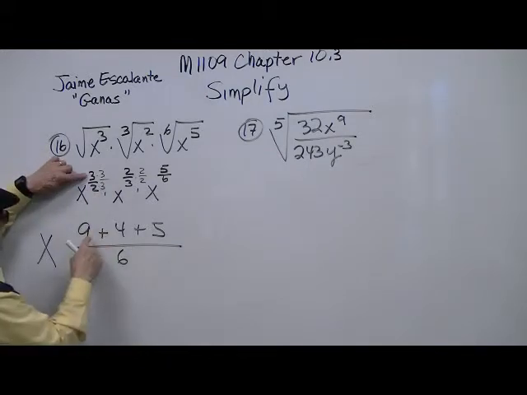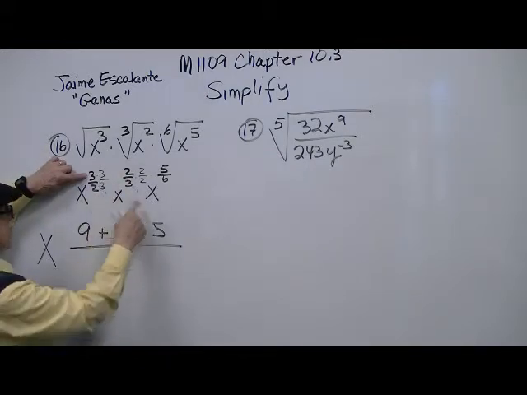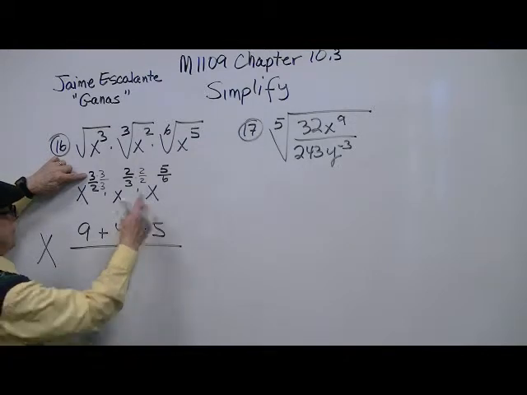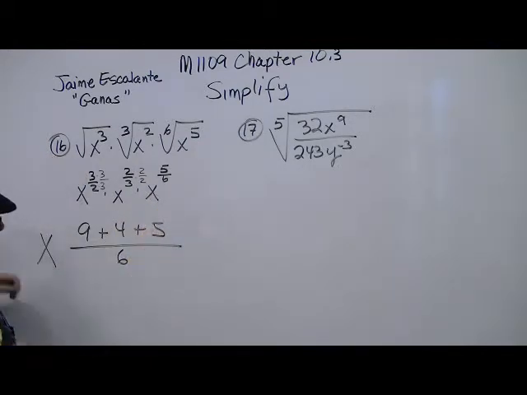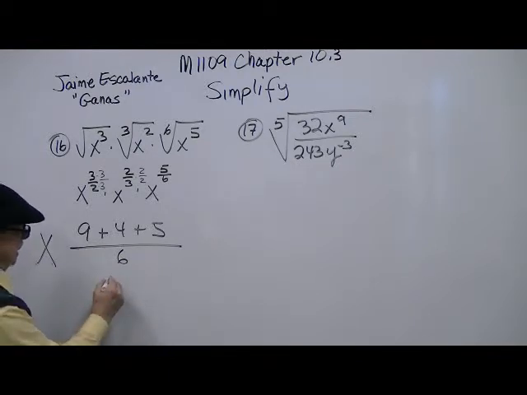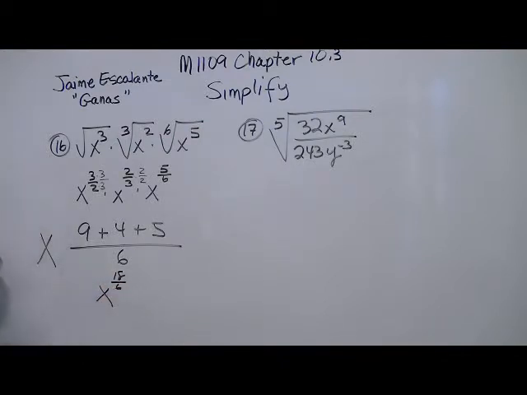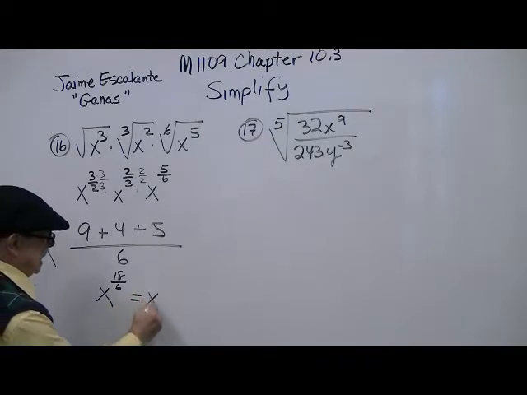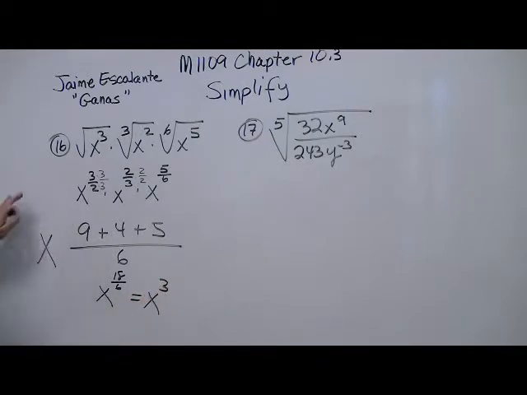So 3 times 3 is 9, 2 times 2 is 4, and we just bring our 5 down. So this now becomes x to the 18th over 6. And that's pretty easy. X to the 3rd. Wow, all of this reduces to this if you know the technique of doing it.